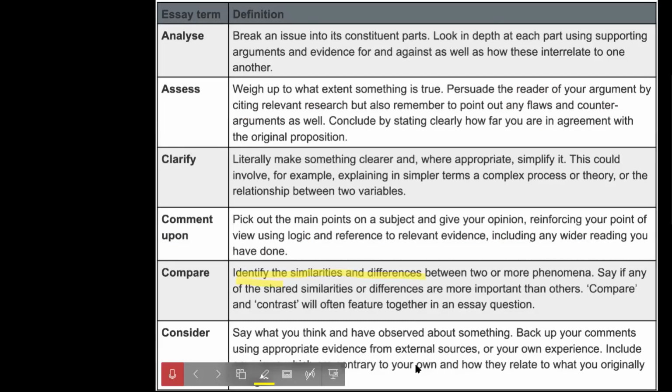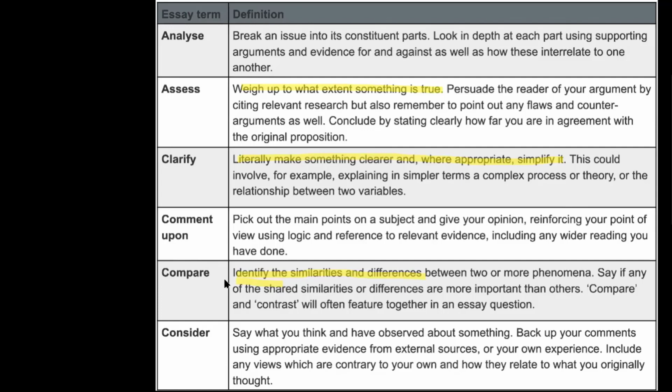So that's comparing, which is different from assess, which is to weigh up to what extent something is true, which is different to clarify, which is literally making something clearer and, where appropriate, simplify. So if you're asked to clarify rather than compare, you're doing something different in the essay. So the whole vibe of the essay changes.